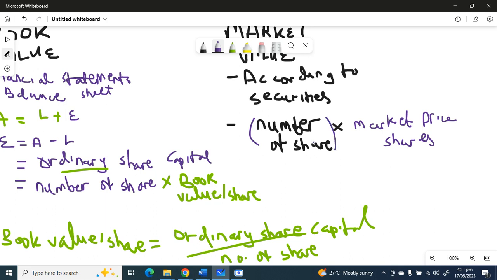So, if you ever want to get the number of shares of a company, just remember it's the ordinary share capital divided by the book value or par value or face value or the nominal value of the share. So, the ordinary share capital divided by the book value per share.